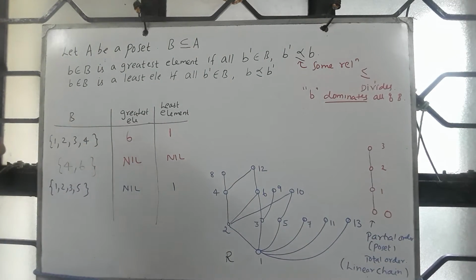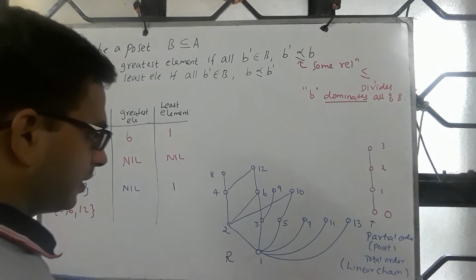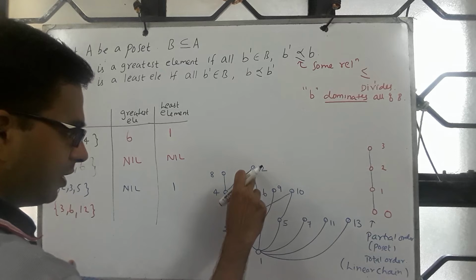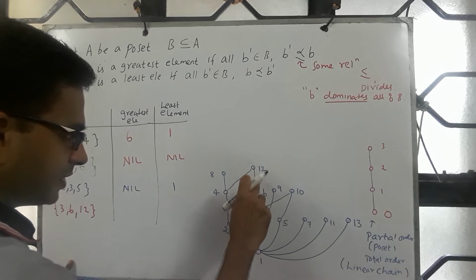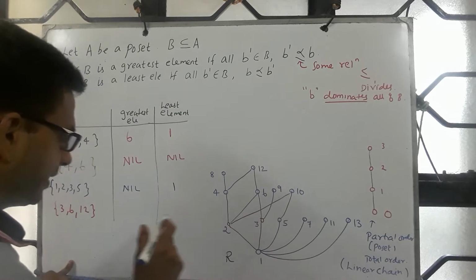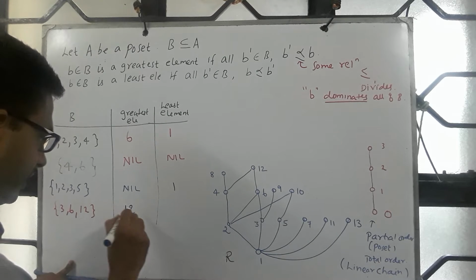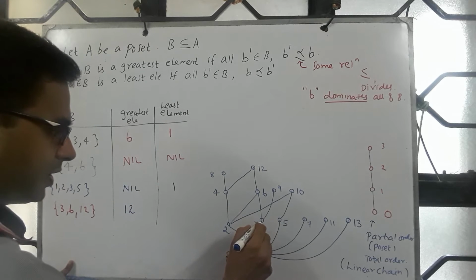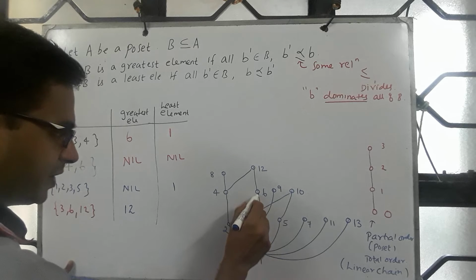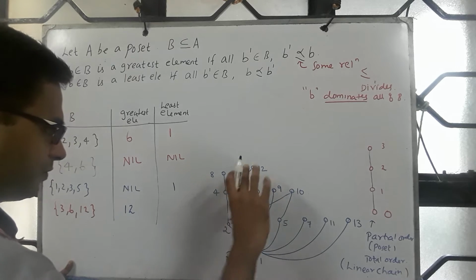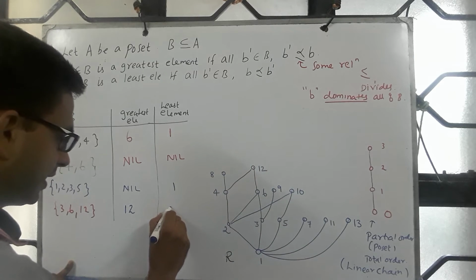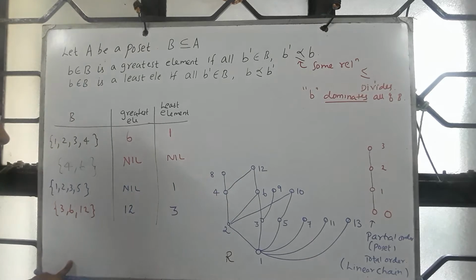Okay. So next one is say 3, 6, 12. If you take this, then 12 is dominating 6, 12 is also dominating 3, so 12 is greatest. And 3 is dominated by 6, 3 is dominated by 12, so with respect to this Hasse diagram, you see that 3 is the least element.